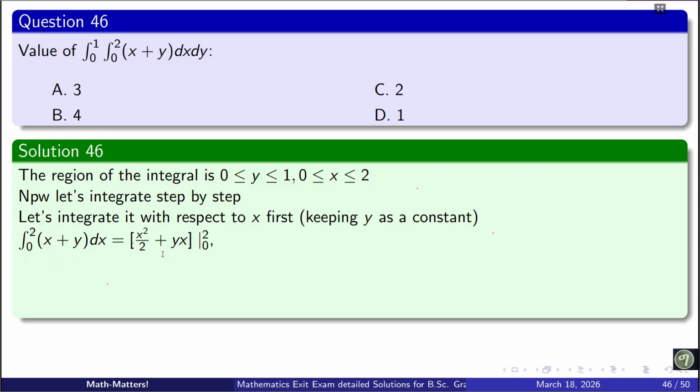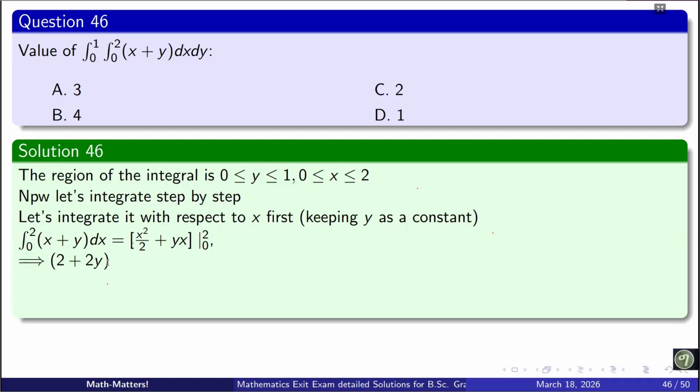Substituting the upper limit 2 and the lower limit 0, we get 4 over 2, which is 2, plus 2y, and at 0 it's already 0. Therefore we have 2 plus 2y.